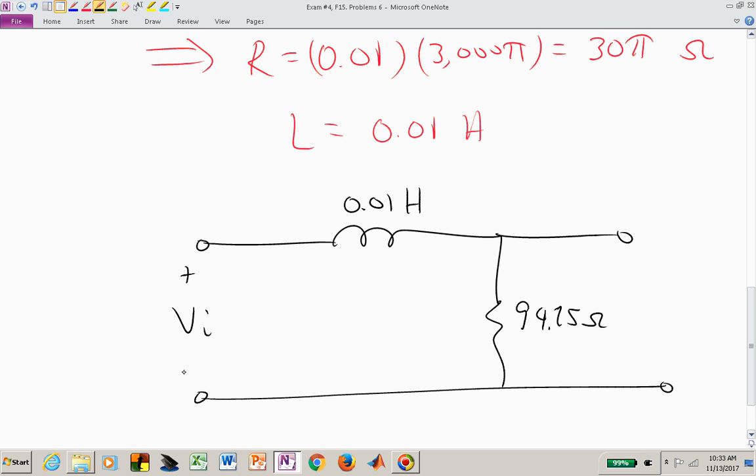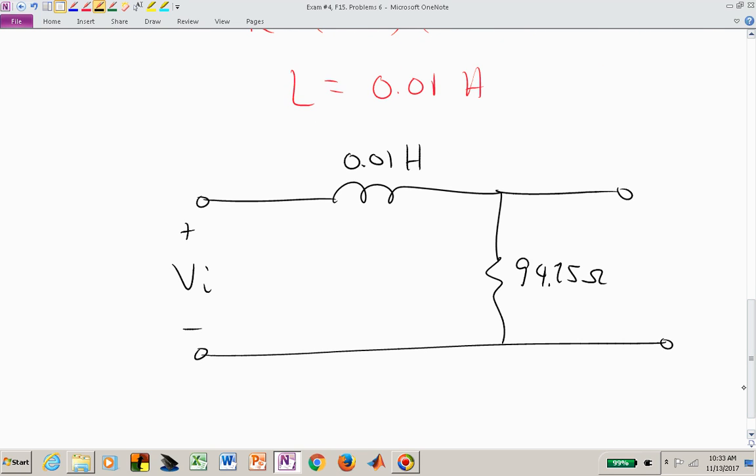That's what I need to give me the low-pass filter that was requested to have a bandwidth of 1,500 hertz.